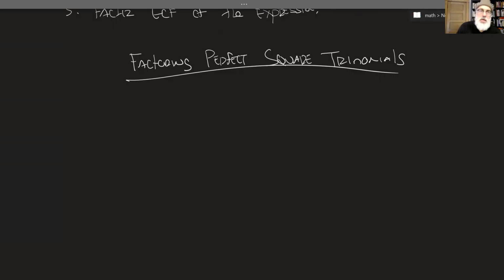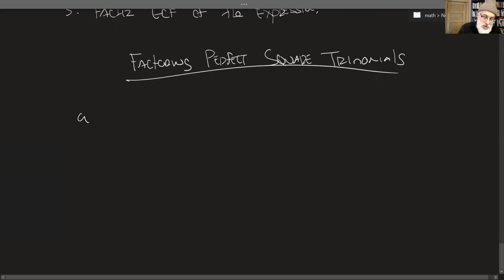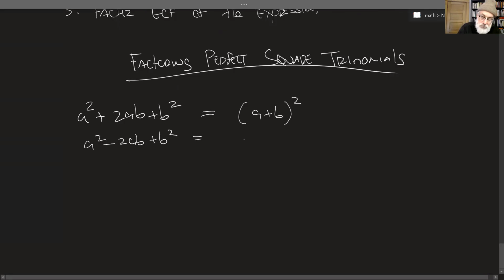So the methods that we just learned work on these. These are just sort of shortcuts that are really handy for a quick factorization. So I'm just going to write down the rules first. So these are the two rules.